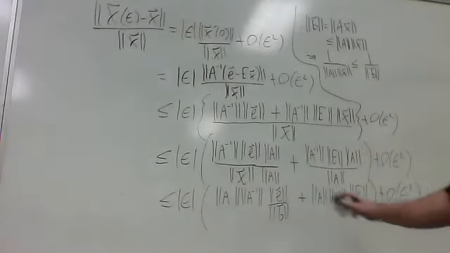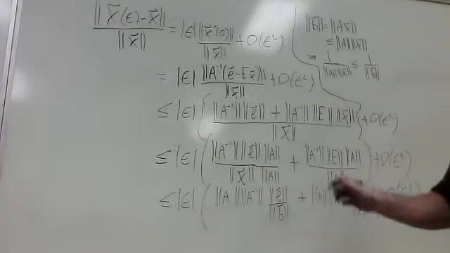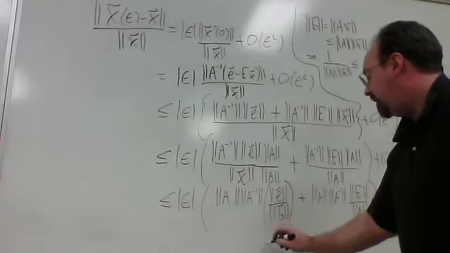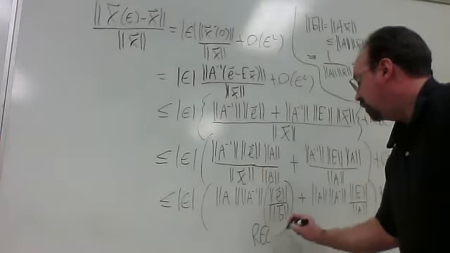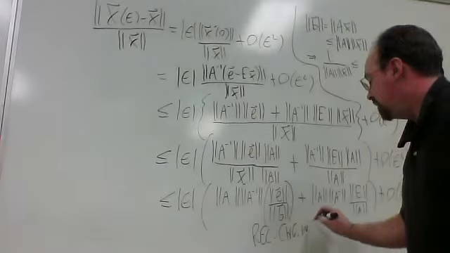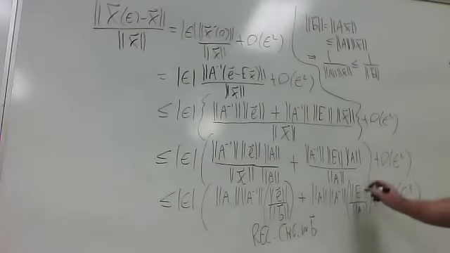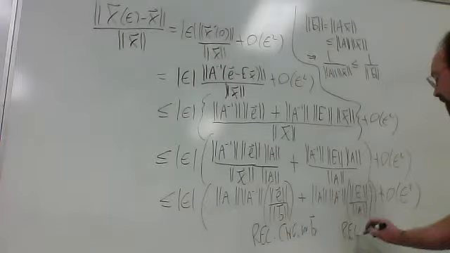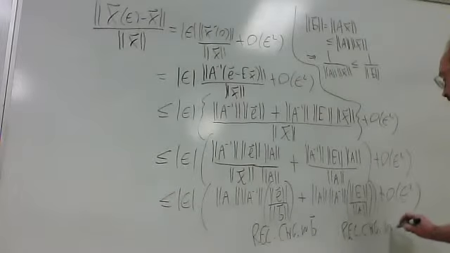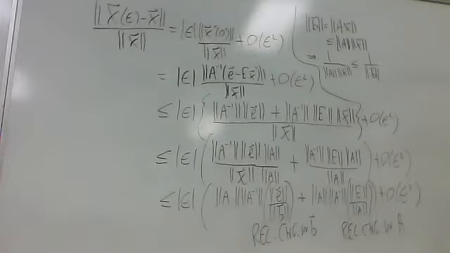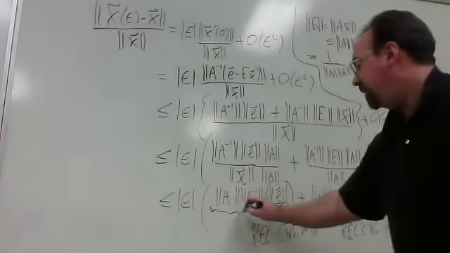Now, norm of little e over the norm of B, that is the relative change in B, aside from the factor of epsilon. Norm of big E over norm of A, that times epsilon is a relative change in A. So a relative change in the right-hand side vector and the matrix is amplified by this factor here.